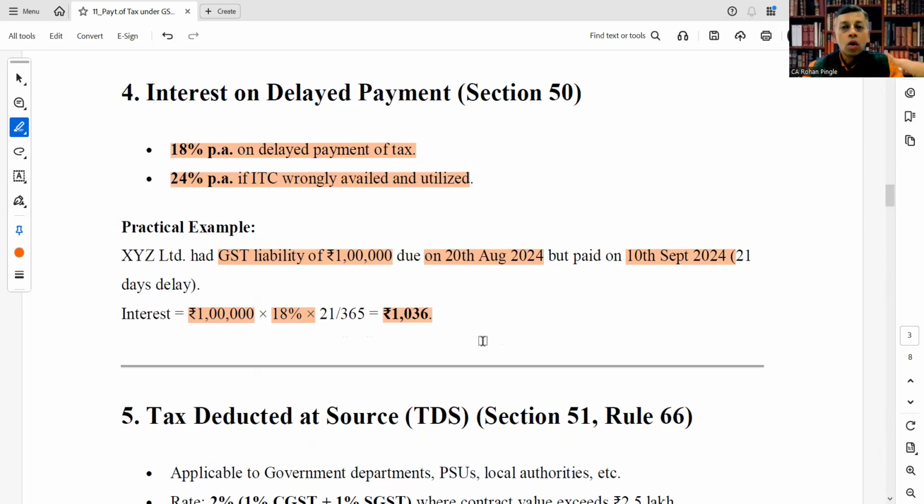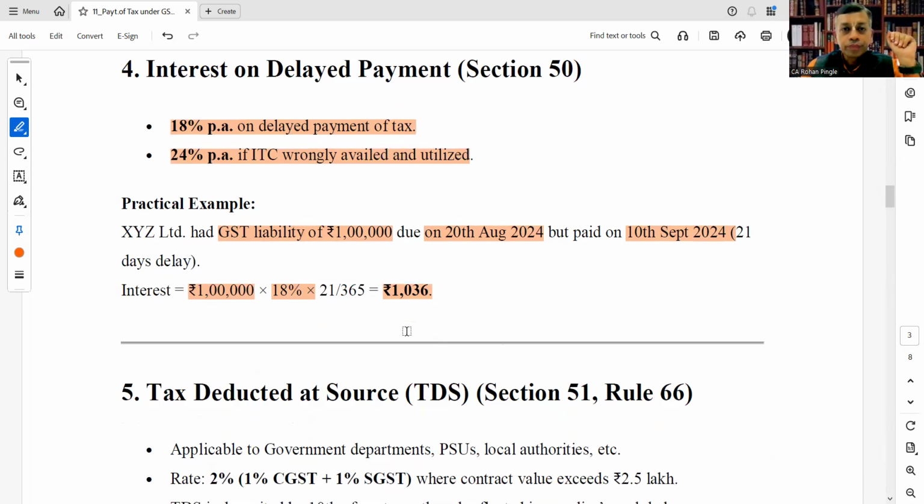Very normal and easily calculated. Keep in mind the interest rates: 18% for regular delayed payment of tax, and 24% per annum if ITC is wrongly availed and utilized.